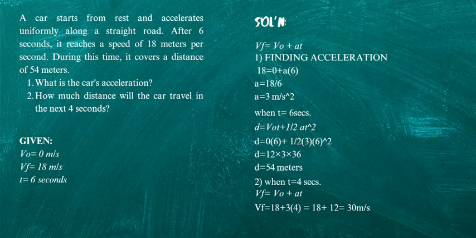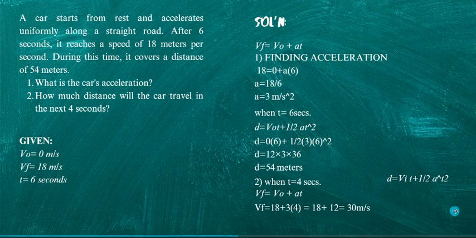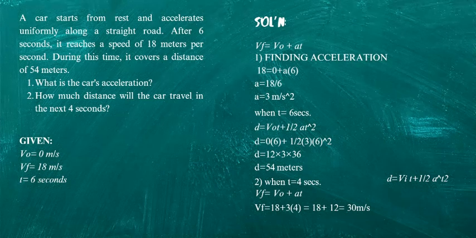To find the distance traveled during the next 4 seconds, we use the equation for distance: d equals initial velocity times time plus 1/2 times acceleration times time squared. For this part, our initial velocity is 18 meters per second, the initial speed for the next 4 seconds, our acceleration is 3 meters per second squared, and our time is 4 seconds.